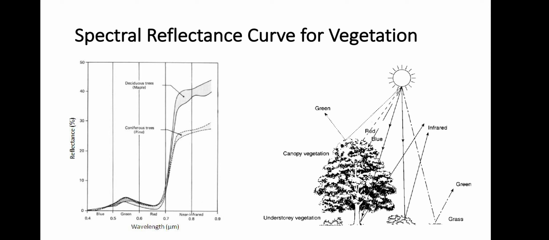Therefore, the energy transmitted by one layer is available for reflection and absorption by the layers below it, as shown in the figure on the slide. Due to multi-layer reflection, the total infrared reflection from thicker canopies, I mean to say plants, will be more compared to thin canopy cover.